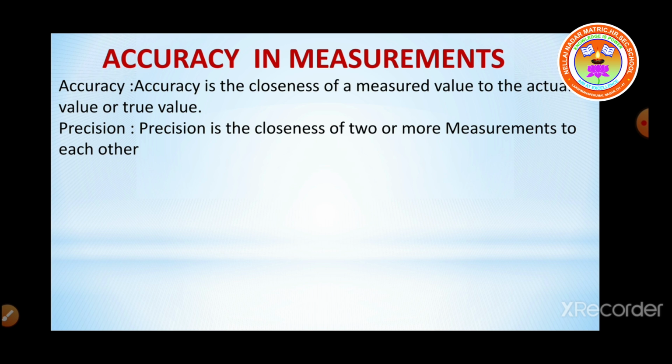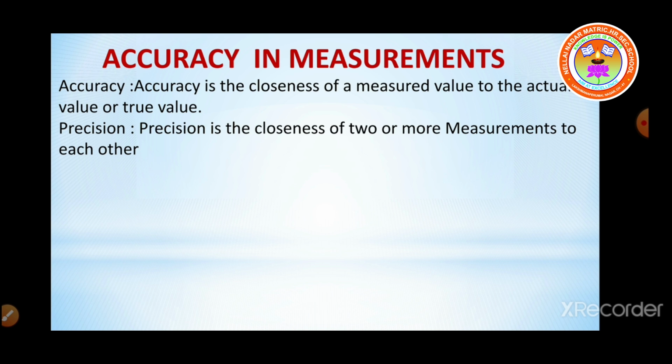And the second one is precision. Precision is the closeness of two or more measurements to each other. So let us consider a group of students taking the readings. For example, they are measuring the length of a textbook. The first boy observed the reading 29.5 centimeter. The second boy observed 29.7 centimeter.